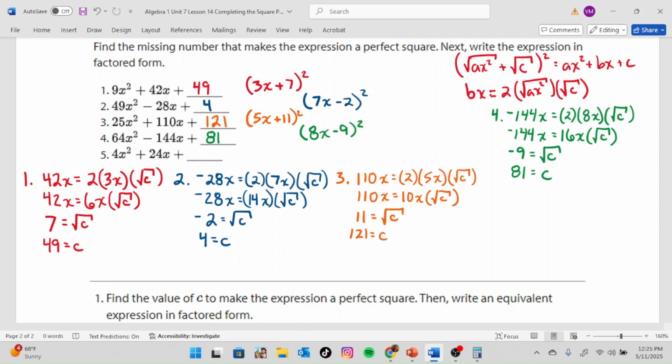Let's double check the answer. 8x times 8x would be 64x squared. 8x times negative 9 would be negative 72x. Times 2 would be negative 144x. And negative 9 times negative 9 would be 81. These are the correct answers for number 4.